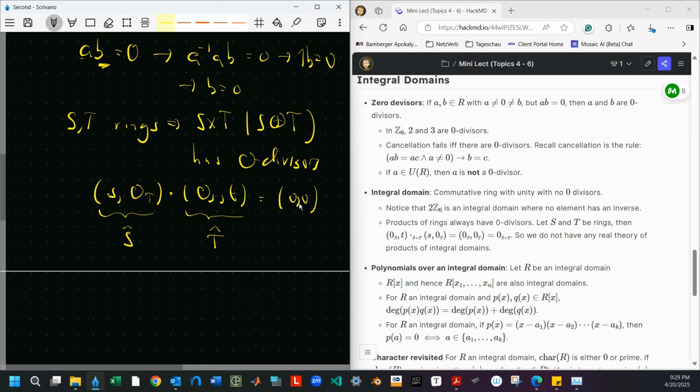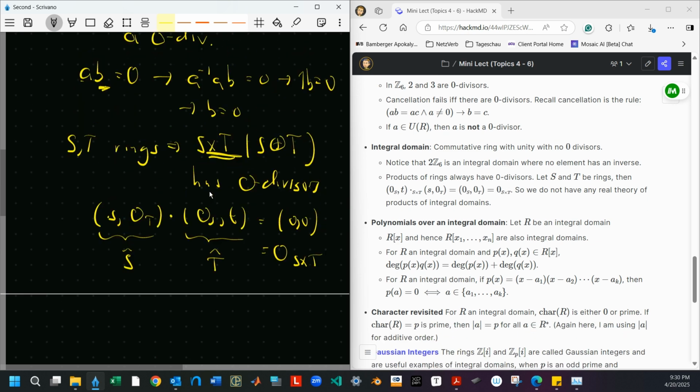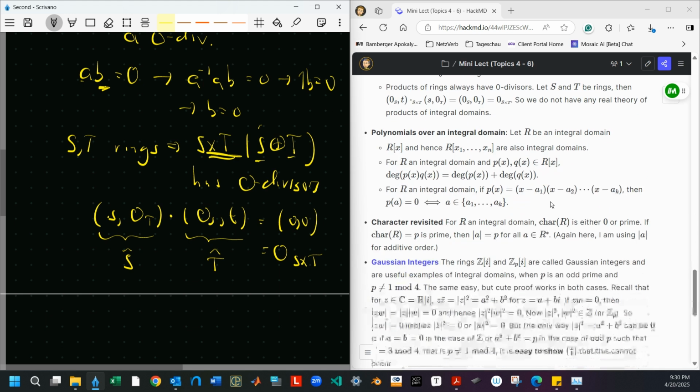And this is the 0 of S cross T, or S times T. All right, so there's lots and lots of zero divisors in sums or products of integral domains. So we don't have any sort of nice theory about the product of integral domains being an integral domain, or integral domains breaking into products of integral domains, or anything like that, right? Because it just doesn't happen, right? I mean, it is possible that these are both integral domains, and the, well, never mind. No, it's not possible because we have zero divisors.